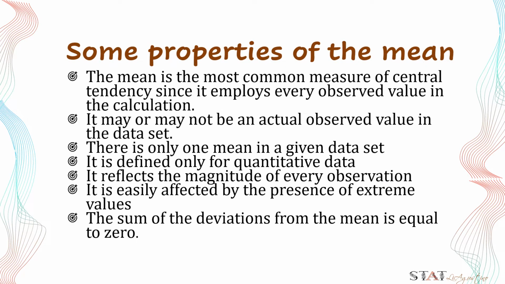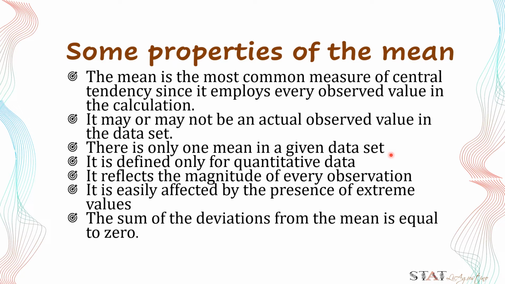And then some properties of the mean. The mean is the most common measure of central tendency since it employs every observed value in the calculation. So every data value is included in your computation. And then it may or may not be an actual observed value in the data set. And there is only one mean in a given data set.